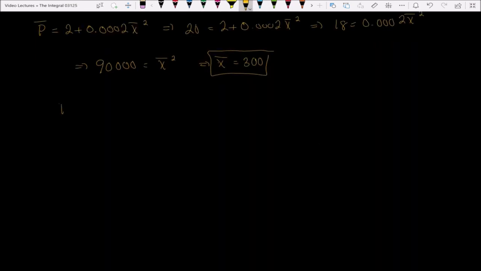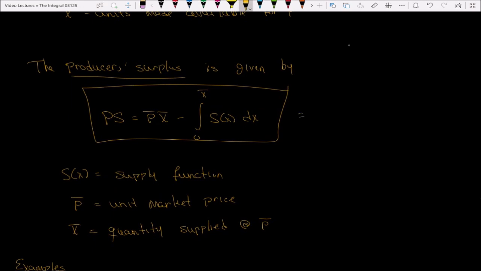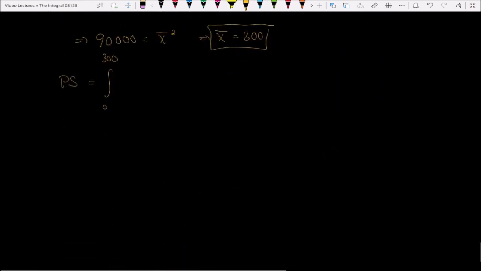We can now just plug this into our producer surplus equation. Integral from 0 to 300. Now again, as with consumers, another way we can write this is the integral from 0 to x bar of p bar minus s of x dx. And that is exactly what we will do here. It'll be 20 minus the quantity 2 plus 0.0002 x squared.